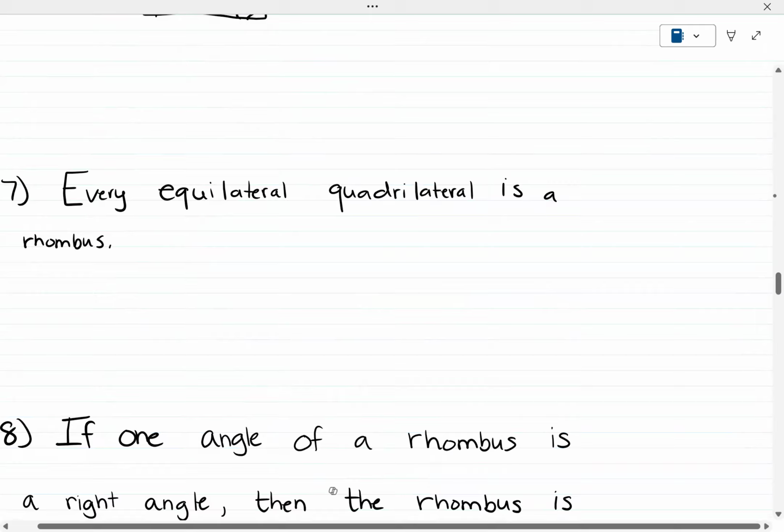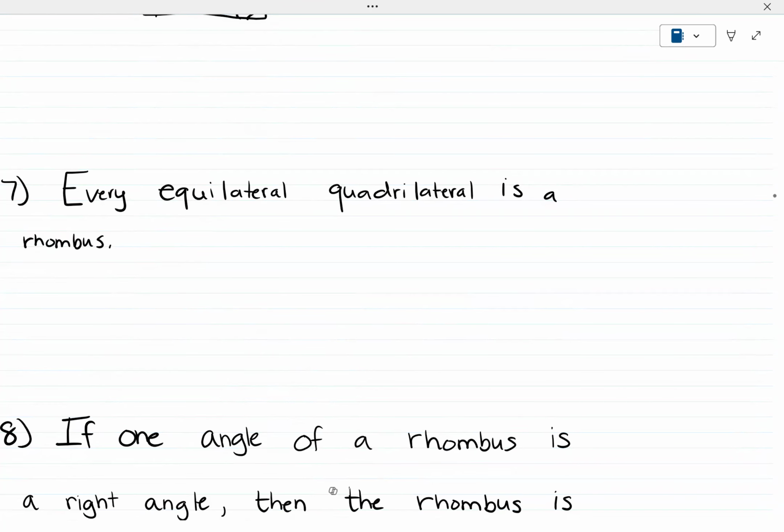Seven, every equilateral quadrilateral is a rhombus. So what is a rhombus? It's a parallelogram with all sides the same, right? So I think that is true. A rhombus would look like this, or it could look like this.